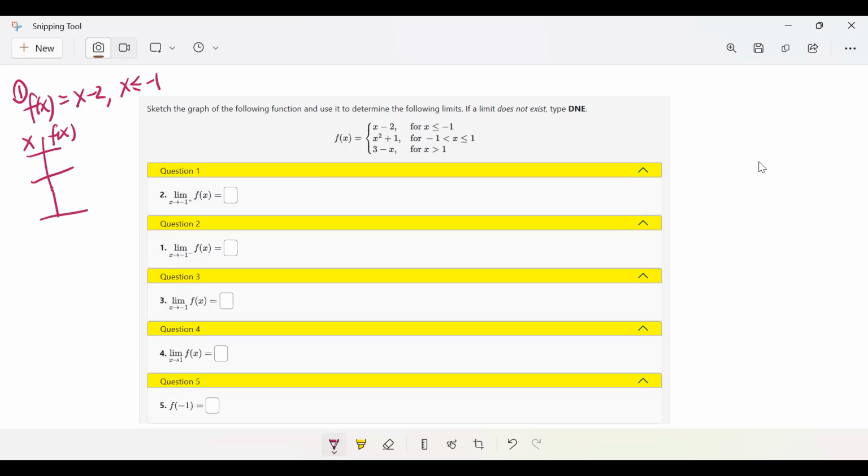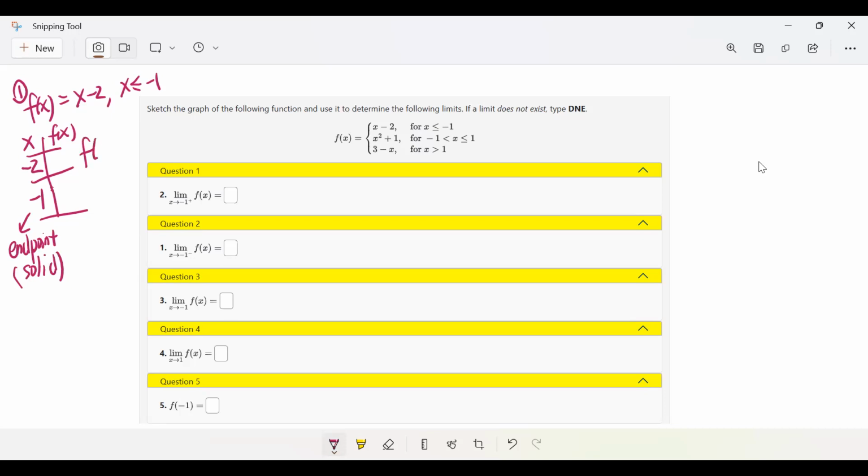The endpoint is -1, so we're going to need -2 and -1. 2 points is enough. And then the endpoint here, this is what we call the right endpoint. Right endpoint is a solid point, the solid one, because there's an equal sign here.